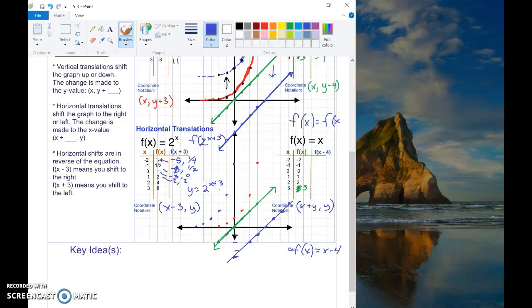All right? So that's how we do horizontal translations. And again, it's just a little tricky in terms of thinking it's the backwards version of it.